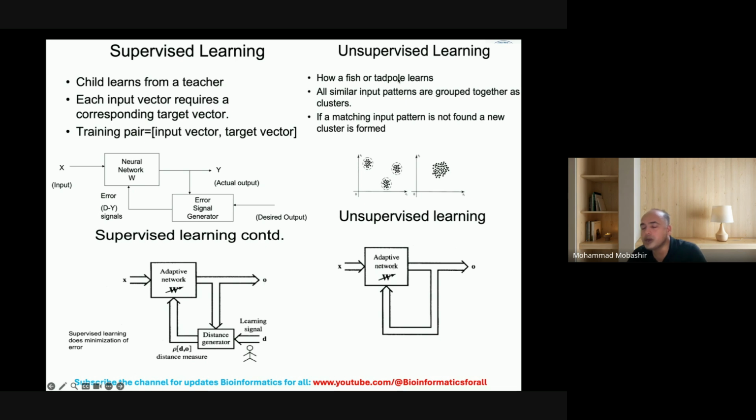Here you learn something because you need to know, irrespective of who is teaching or not teaching you. You just learn on your own because this is your need. If a matching input pattern is not found, a new cluster is formed, as you can see here. So these are the differences between supervised and unsupervised learning.